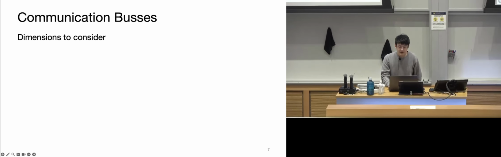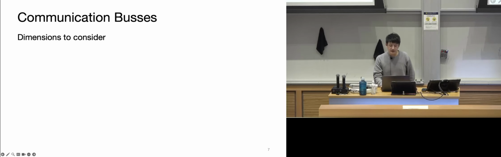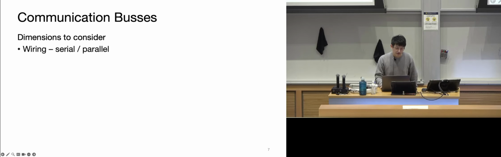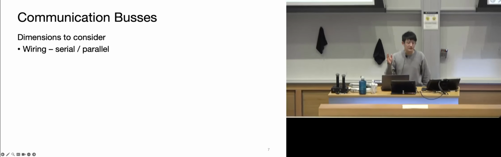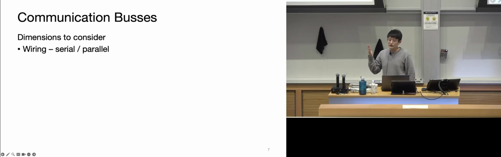When we design these communication buses, there are a few things that we generally consider as hardware designers. First is the wiring. Basically, this will decide whether the communication between the chips is parallel or serial, meaning how many wires you need for each bit.